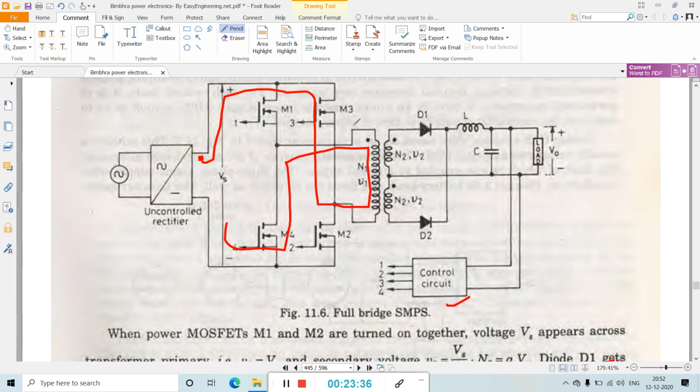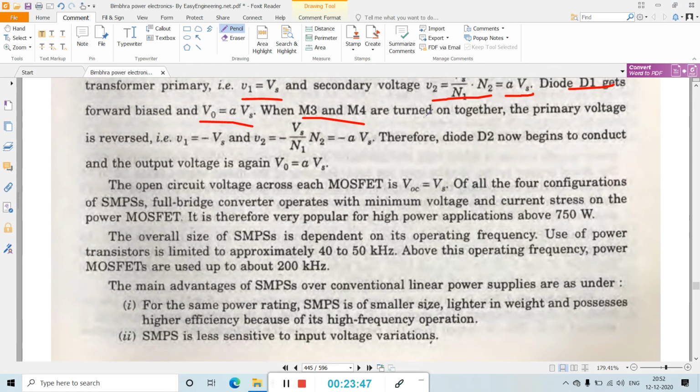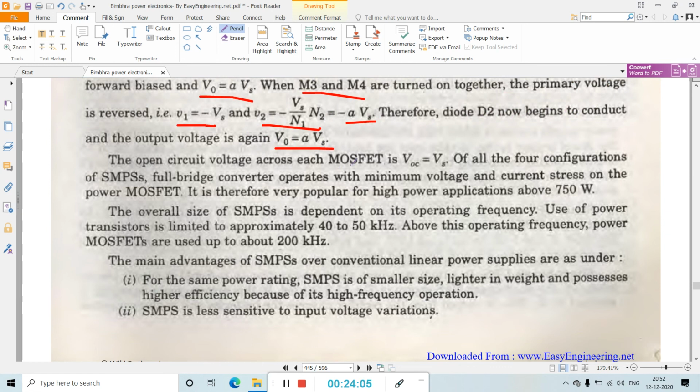Here the plus connects to this point and this minus appears here. So when M3 and M4 are turned on together, the primary voltage is now reversed. V1 is equal to minus Vs. So V2 is equal to minus Vs into N2 by N1, which is equal to minus alpha Vs. Therefore diode D2 now begins to conduct and output voltage again V0 is equal to alpha into Vs. And the open circuit voltage across each MOSFET is Vs.